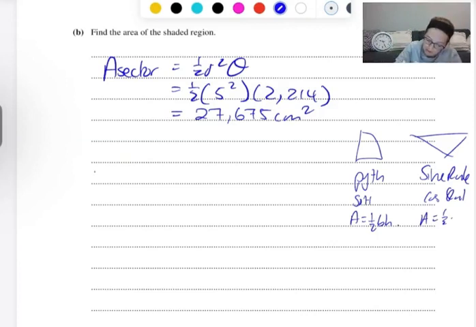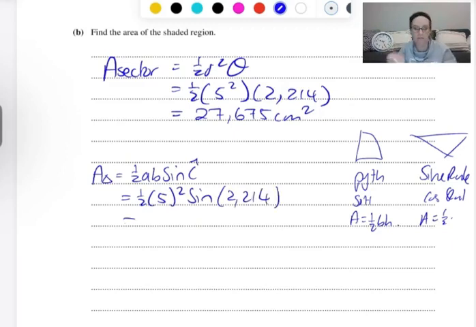The area of the triangle is a half AB sine C, and in this case, it's 5 squared, the same radius. So a half times 5 squared times sine of 2.214, and you can keep that in radians as well.